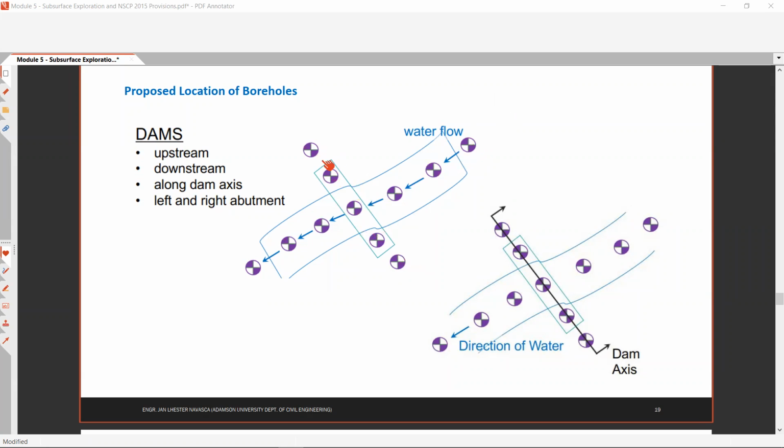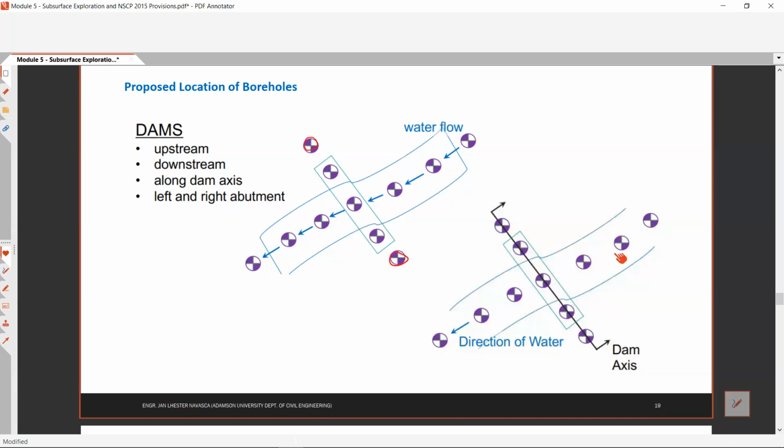So upstream, downstream, along the dam axis, and the left and right abutment. You have this left and right abutment, this one and this one, if you are placing abutments in the dam.